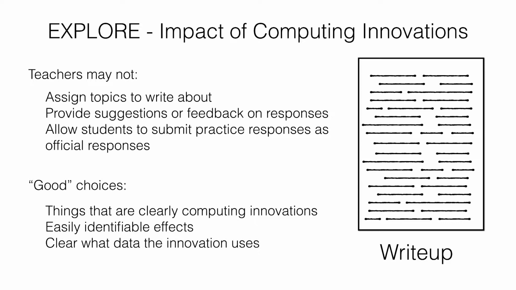Good choices are things that are clearly computing innovations. So you can easily identify beneficial and harmful effects. It's very clear what kind of data that innovation uses. And kids don't have to make the case because the rubric is pretty clear. You either get the point or you don't get the point. So you just need to meet the requirement to say, I've discussed the kind of data that it uses. You don't get extra points for creativity.